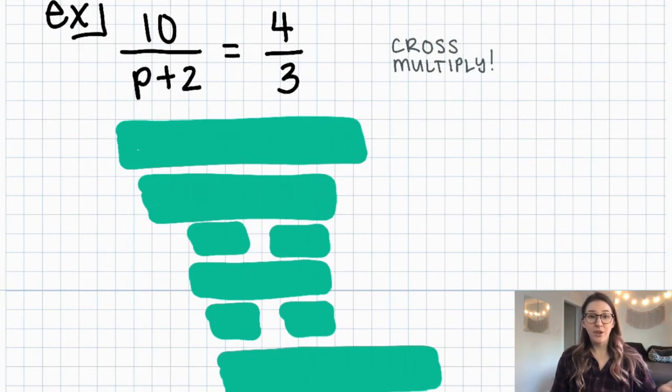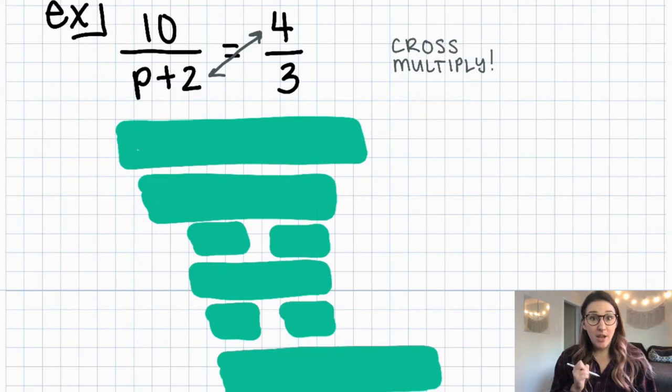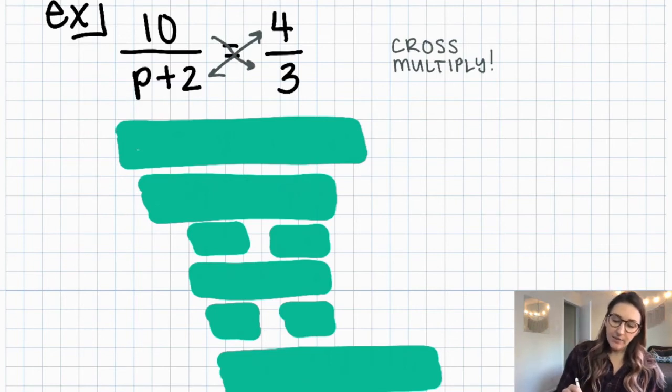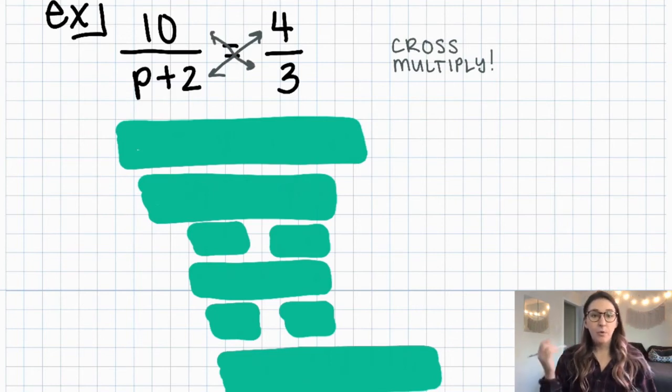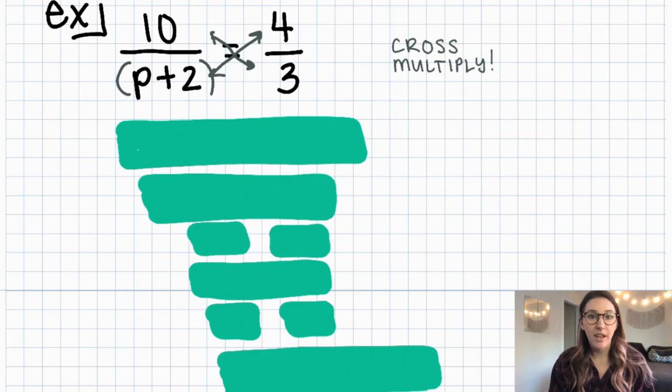We're still going to start the exact same way, by cross multiplying: multiply the bottom of one fraction times the top of the other, and then vice versa. But we need to remember that the 4 needs to be multiplied by everything on the bottom of the other fraction, so the p plus 2. I like to put those in parentheses to remind myself that we need to multiply both of those.